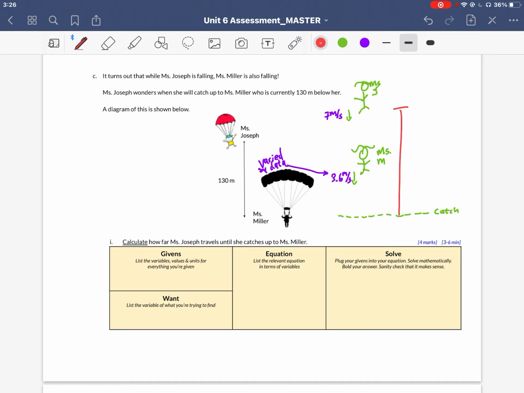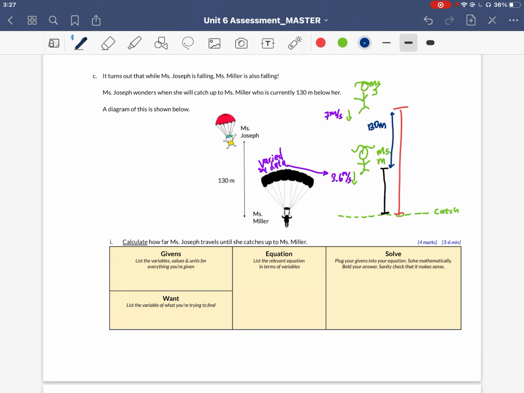Ms. Joseph is going to fall some amount until the two teachers catch each other. Ms. Miller is also going to fall some amount until the two teachers catch each other. We don't know what those two distances are, but what we do know is that this initial difference in displacement is 130 meters.